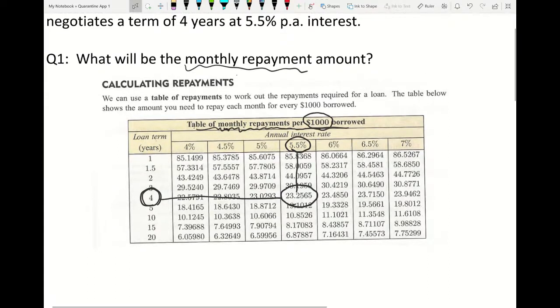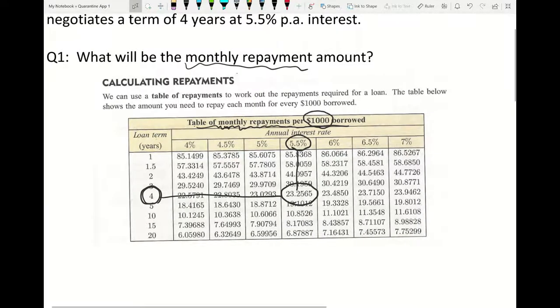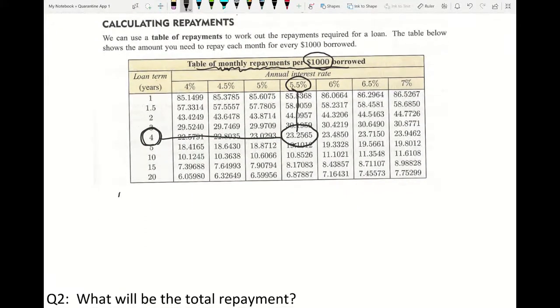Okay, but you didn't borrow $1,000, you borrowed $16,500. So you need to figure out how many $1,000 bunches you can fit into 16,500.